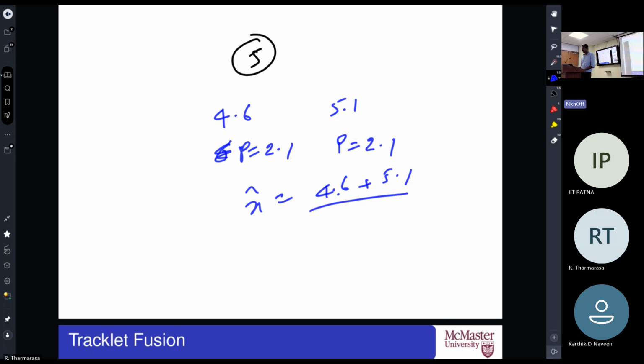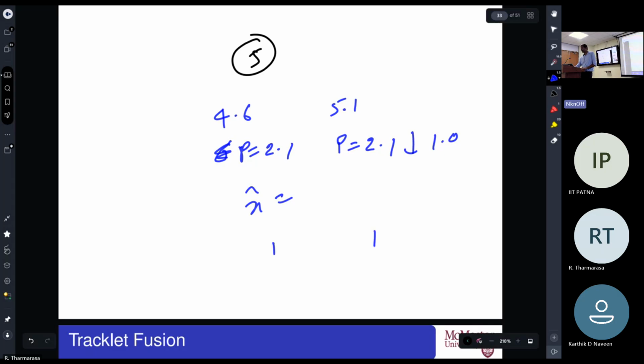Okay, now let's say I reduce this to say 1.0. What happened to the estimate? Pardon? So if it's 4.6 here, 5.1 here, earlier it was in the middle, now it will go towards that.